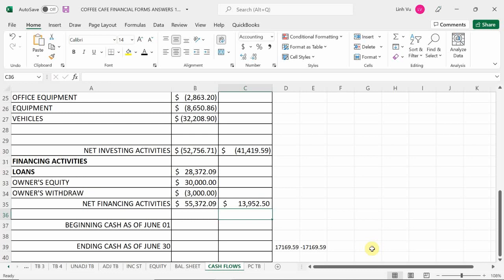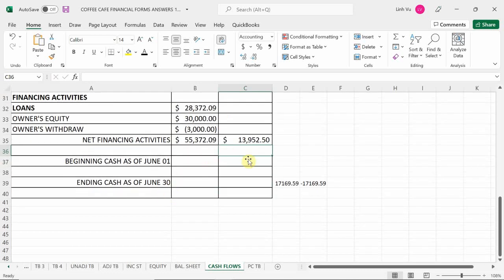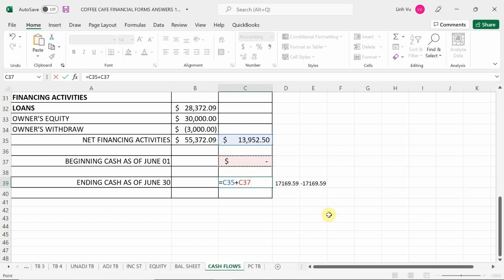And then we're going to take a look at our beginning cash as of June 1st. Well, in this case, we didn't have a bank account, so our assumption is 0. So therefore, the cash that you should have as of June 30th is going to be your net plus the cash that you began with.